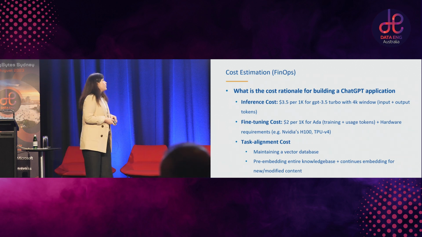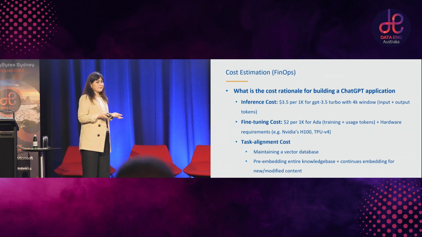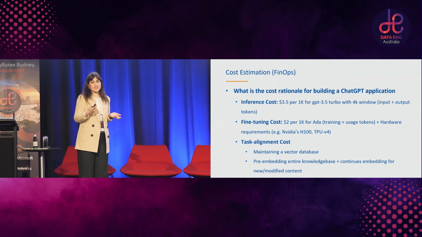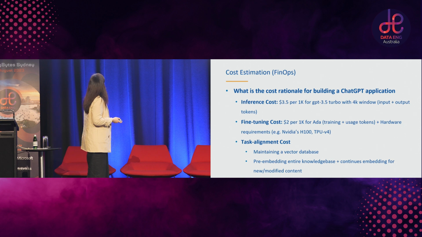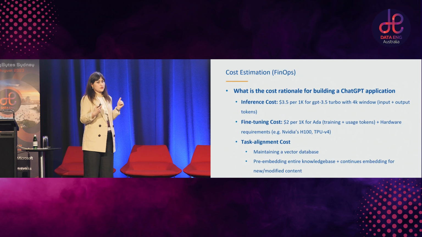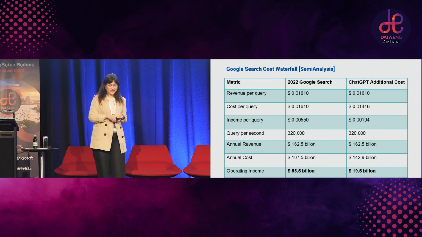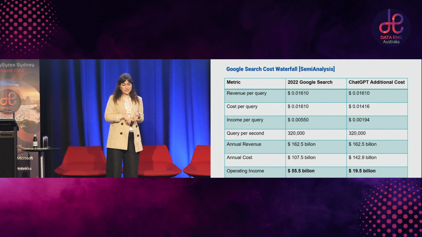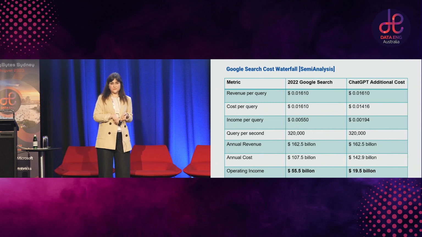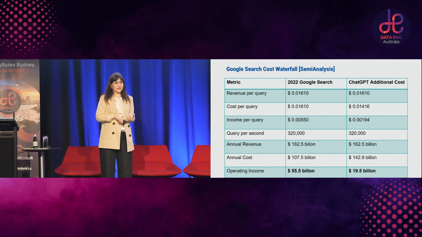So cost estimation. Again, when it comes to building a ChatGPT application, you probably need to estimate how much it costs to build an application, which is especially not trivial if you want to do, as I said, task alignment and setting up your vector search. There was an interesting study from SemiAnalysis that estimated how much it would cost Google if they wanted to use GPT-3.5 in their search engine.